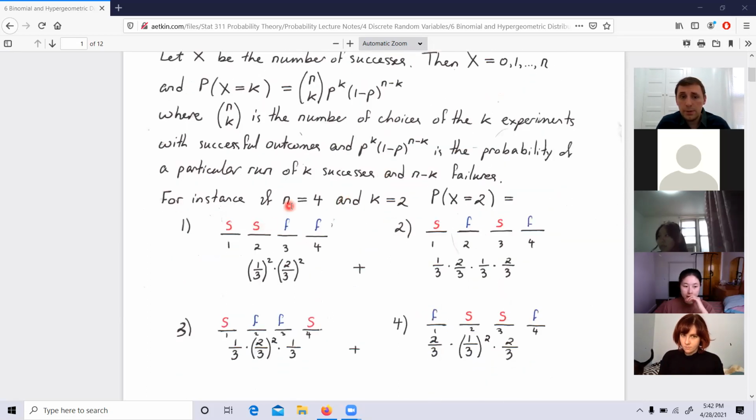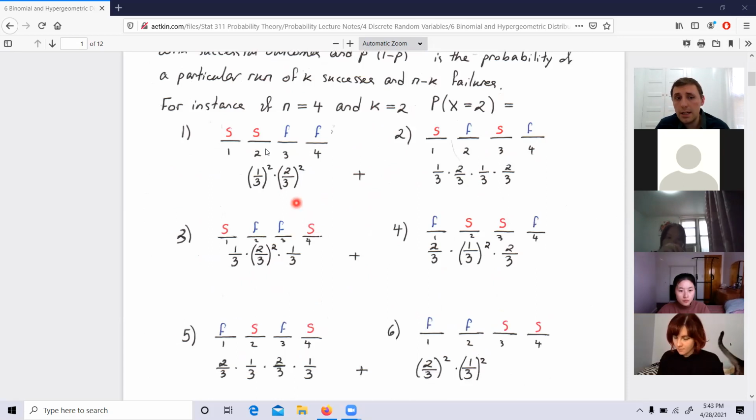Here I try to explain why the number of successes being equal to K gives you this type of probability. For instance, if the number of trials is 4 and we want 2 successes, where the probability of success is 1/3, then how many ways can I get 2 successes?